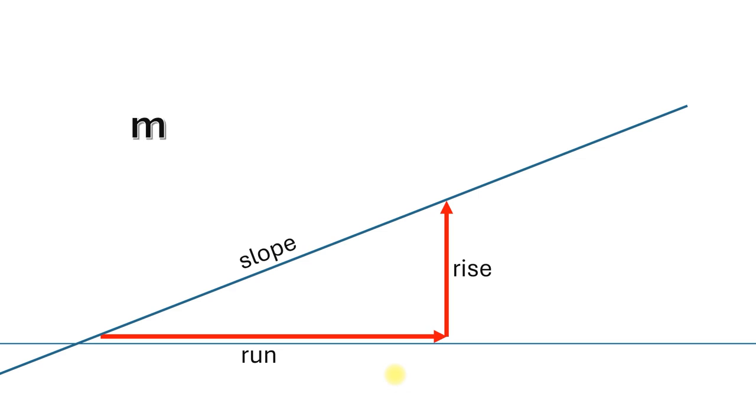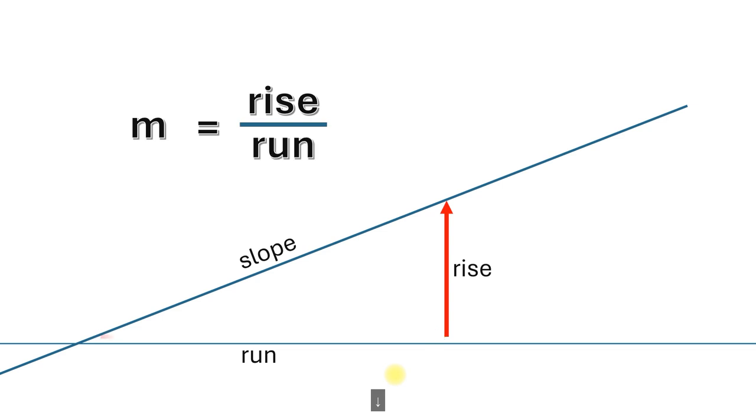In mathematics, we use the letter m as a variable to represent slope. And we can express the value of slope as its rise divided by its run.